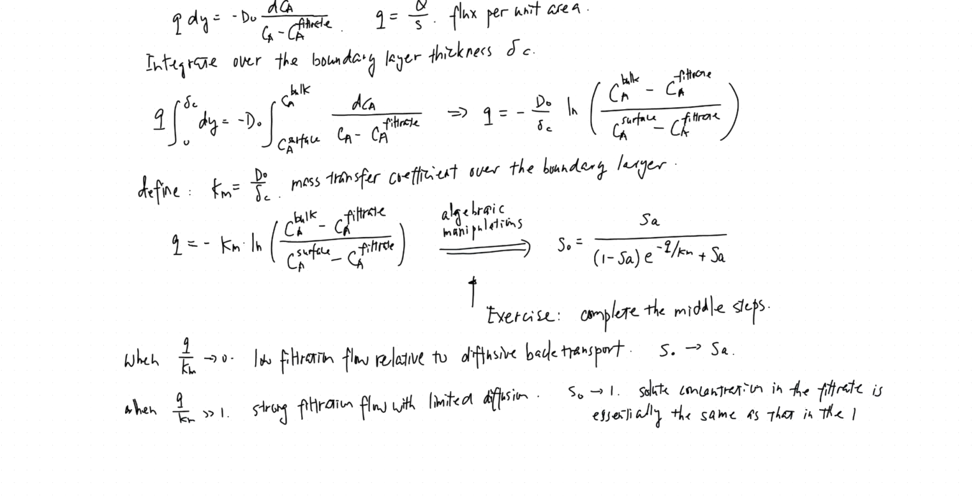So these are the two limits when you compare Q versus Km, and each one corresponds to some physical interpretation of the process.